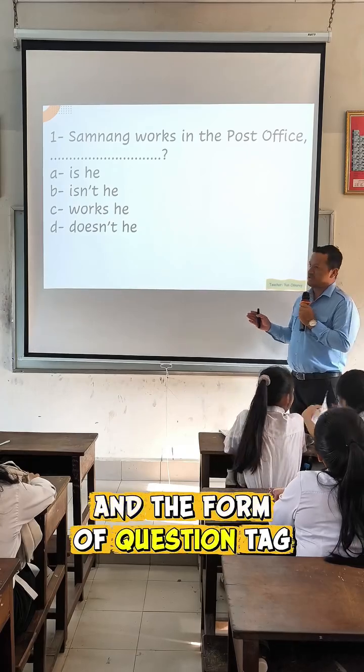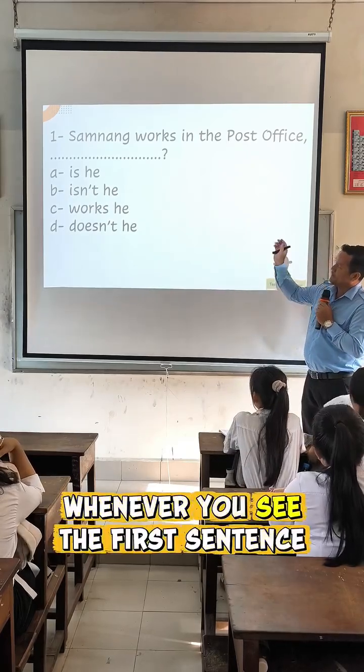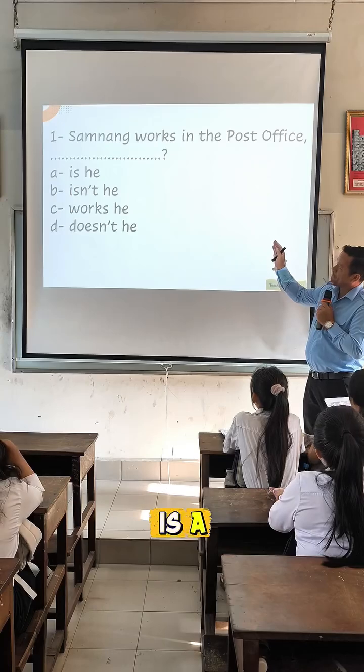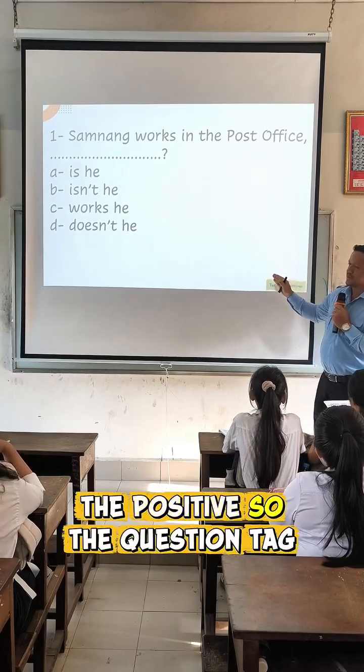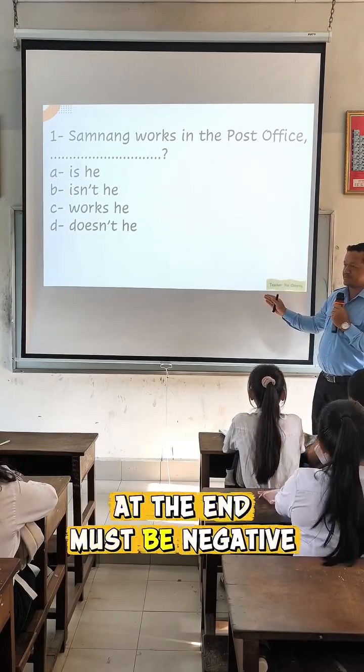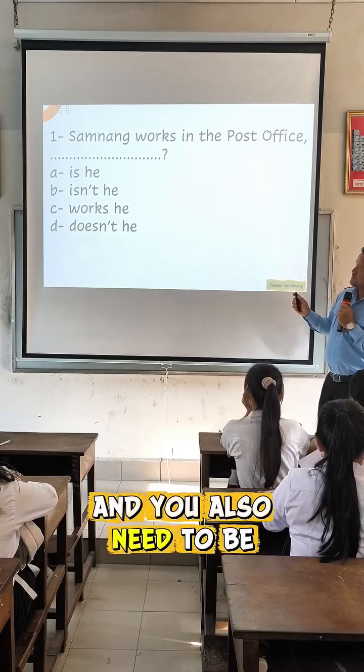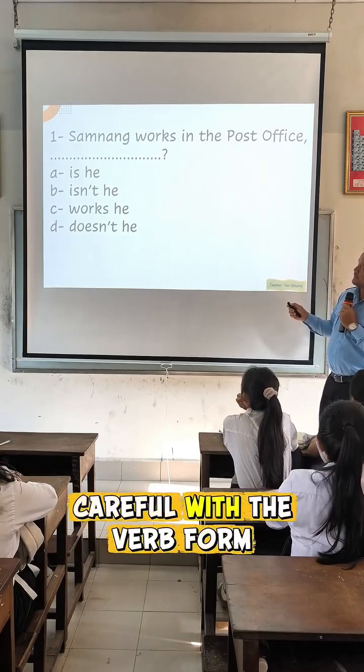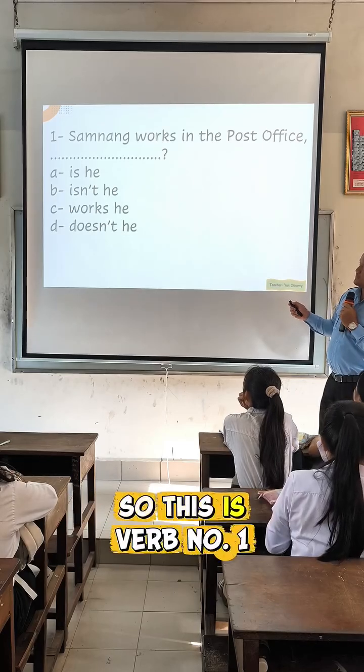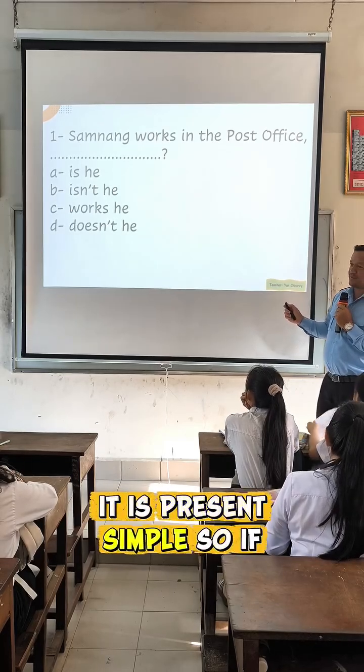The form of a question tag: whenever the first sentence is positive, the question tag at the end must be negative. You also need to be careful with the verb form. This is verb number 1, present simple.